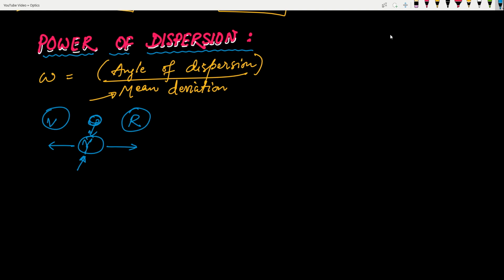So we can say that W is the angle of dispersion, and we have already learned the formula for angle of dispersion, that is delta V minus delta R, divided by the mean deviation. Now mean deviation is for yellow color, so we will say deviation for yellow.